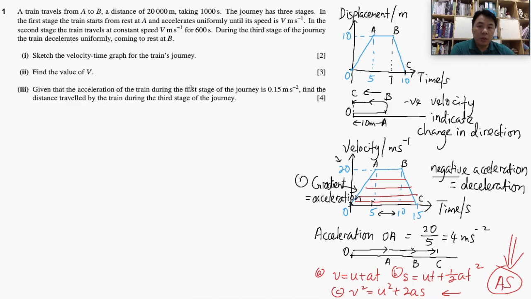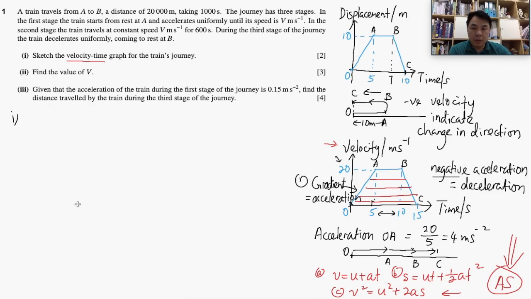Now, the first question: how are we going to sketch the velocity-time graph to represent the motion of the train in this case? Velocity-time graph, just to remind ourselves. Now let's get started with this velocity-time graph.